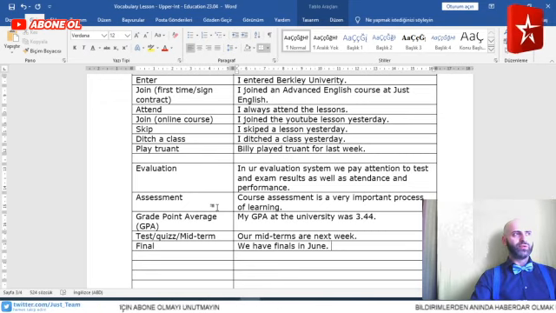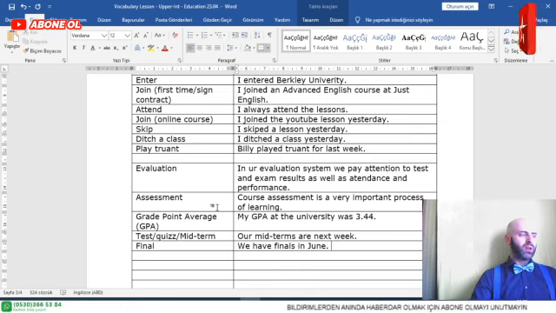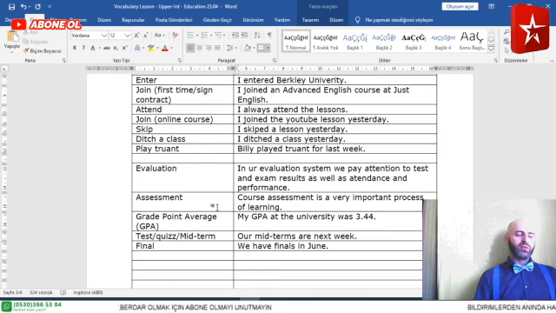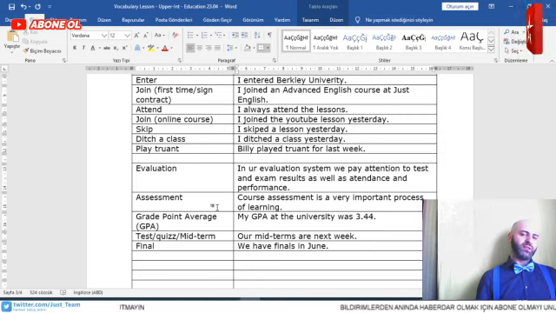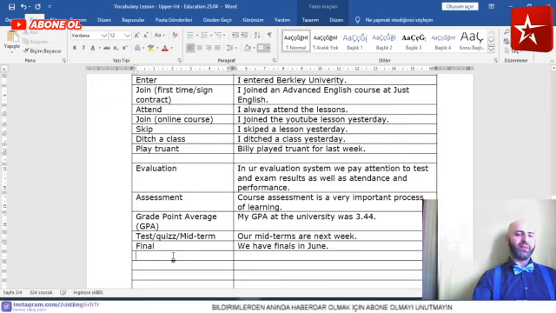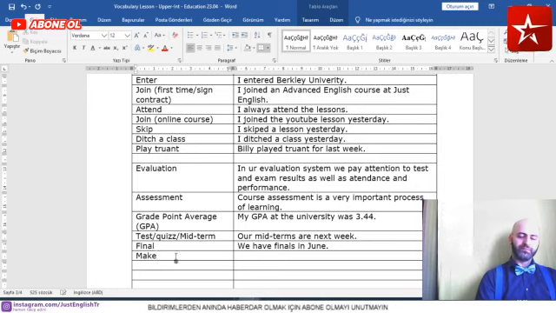Now, imagine you are sick and you cannot go to the exam, and then you talk to your teacher and ask your teacher to give the exam another day. Then you need to take the exam on another day. We call this make-up. You can say make-up exam or make-up test.